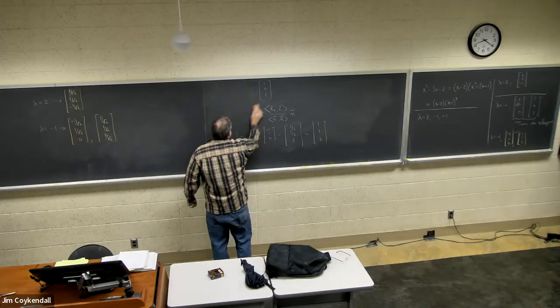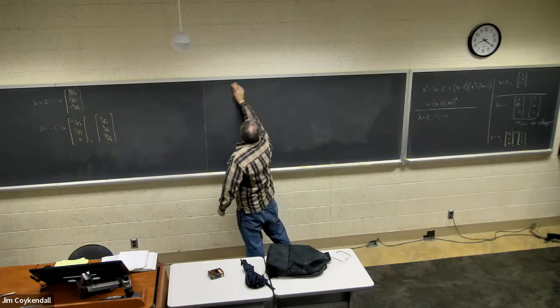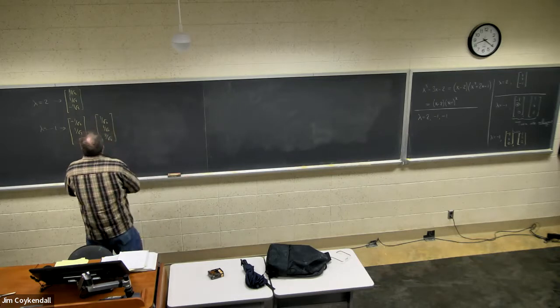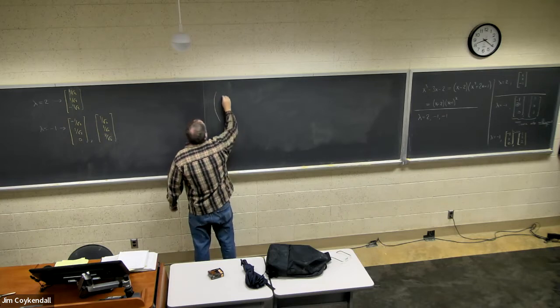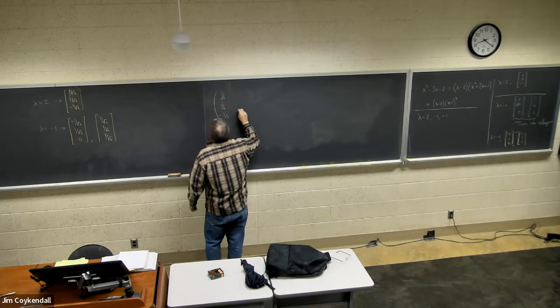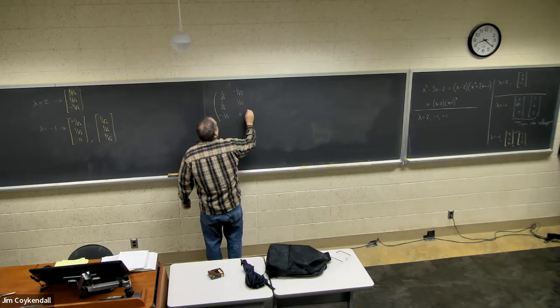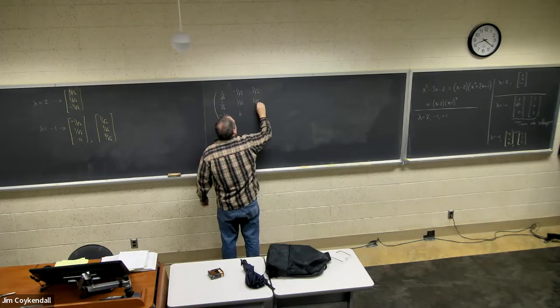Now notice what happens here. How do we diagonalize a matrix? We took the eigenvectors, so I'll just do it in this order: (1/√3, 1/√3, -1/√3), (-1/√2, 1/√2, 0), and (1/√6, 1/√6, 2/√6).